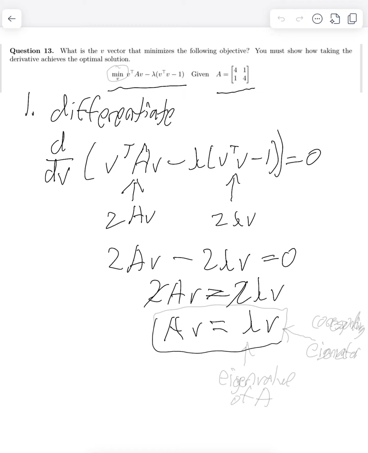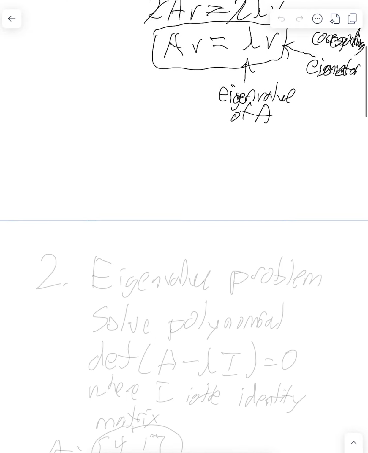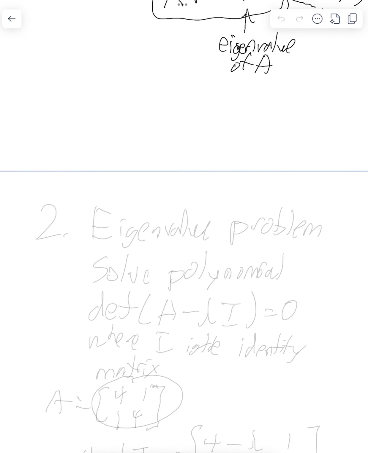From here, you will see that this is just an eigenvalue problem, with lambda being the eigenvalue of A, and v is just the corresponding eigenvector. Sorry for my handwriting, it got a bit close to the edge of the screen. Anyways, this is just an eigenvalue problem, so we can solve it as such.